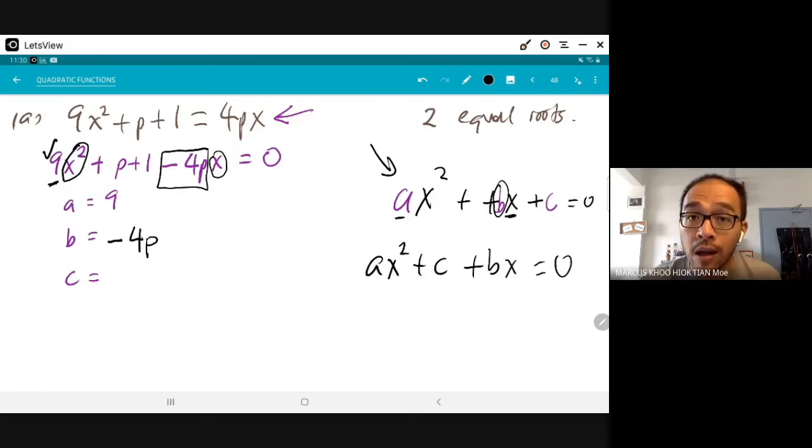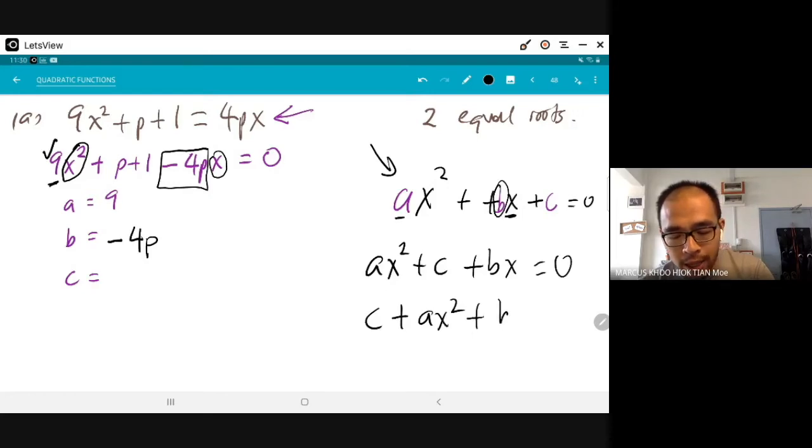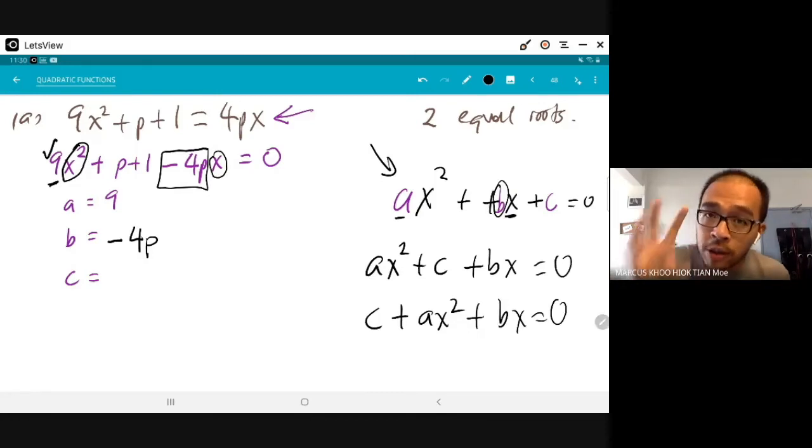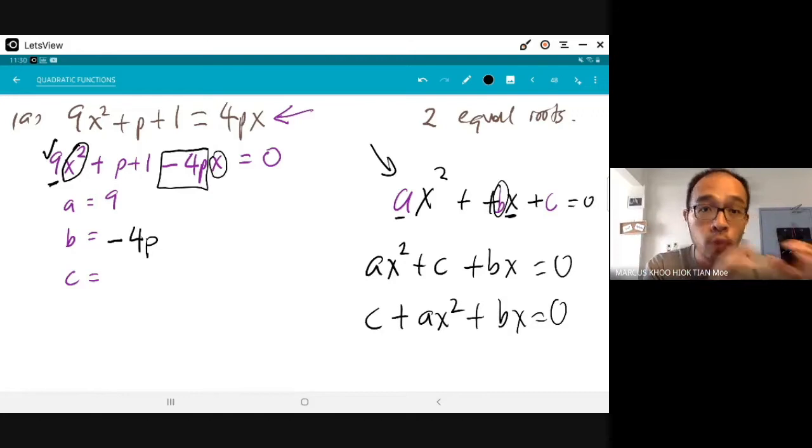Or c plus ax squared plus bx equals 0, also the same thing. So the arrangement is not so important. The important one is you must know who is with the x squared, who is with the x, and who is left alone, no x.